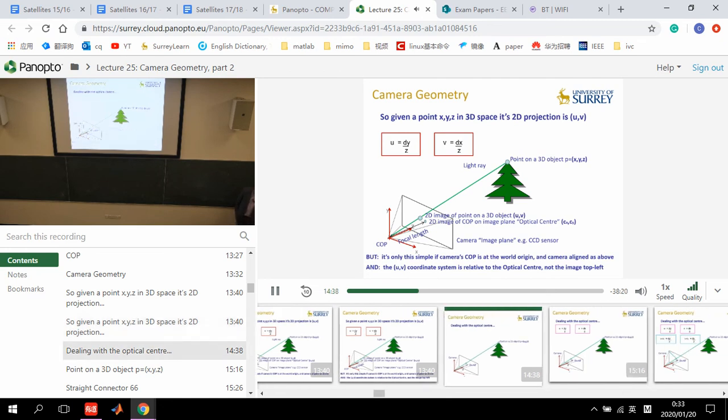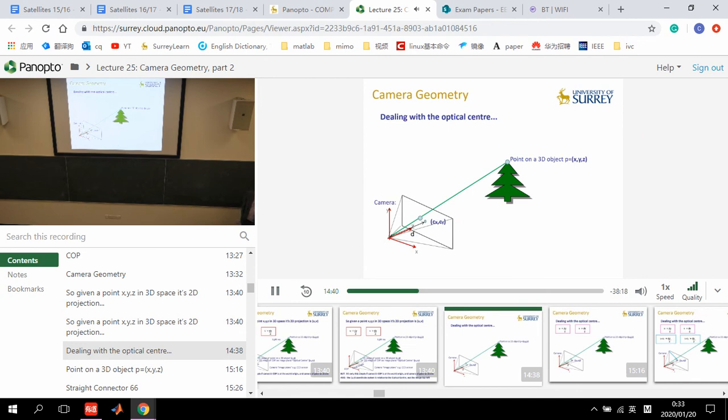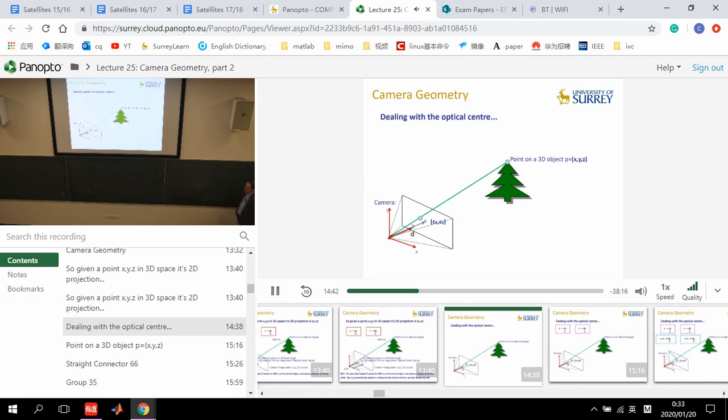Okay. Right, so let's first of all deal with this coordinate system issue in 2 dimensions, because it's the easiest thing to deal with. As I say, in our original construction, the origin was at the optical center, but we want to express the coordinates of the image of our tree, of our point P, in terms of a natural coordinate system for that image, which has the origin at the top left.